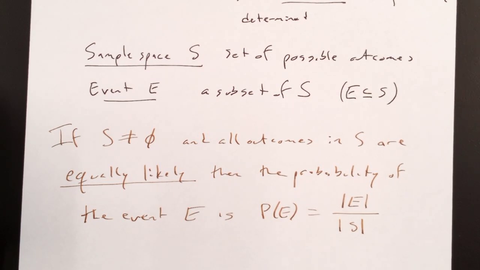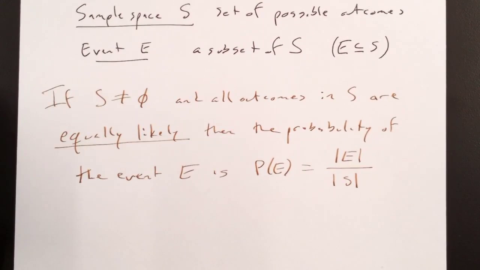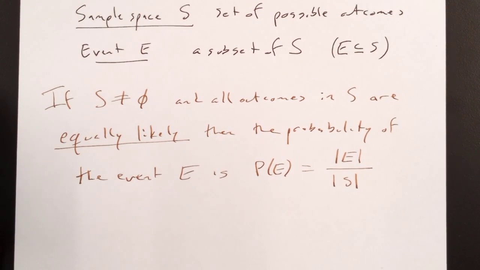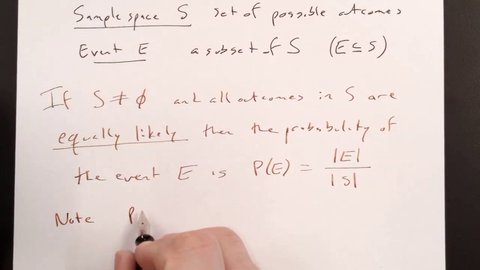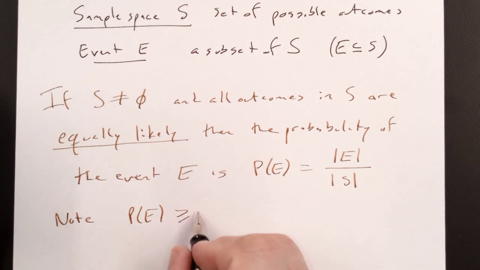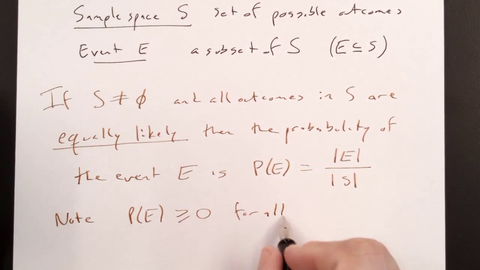This guarantees me one piece of information about this number P of E. The following 2 sentences are always true. I'm counting things, right?